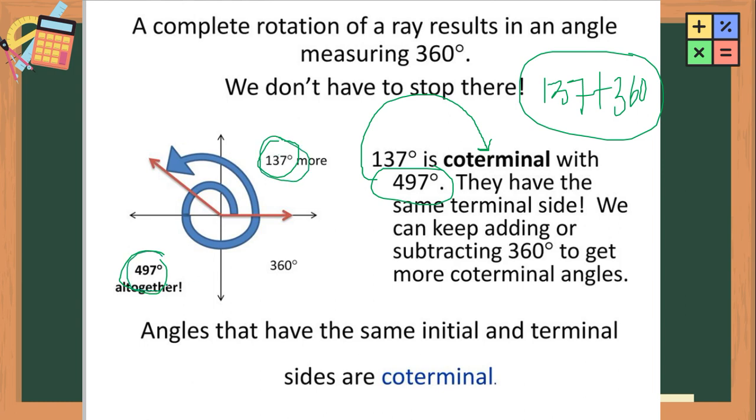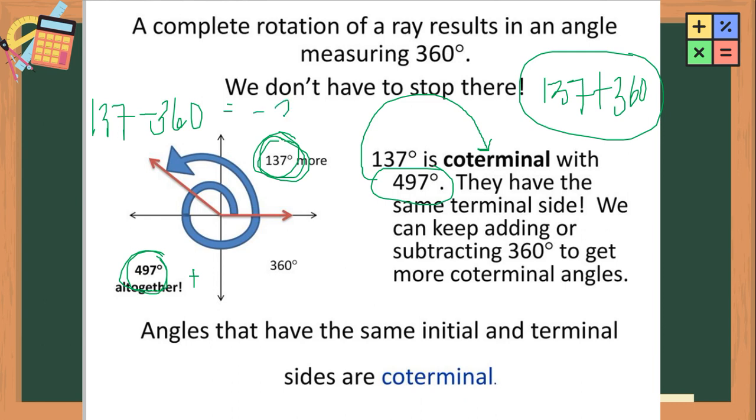Can you give me the negative coterminal of 137? So, since 497 is the positive coterminal of 137, what is the negative coterminal of 137? All you need to do is to minus 360. Answer? 223 po.